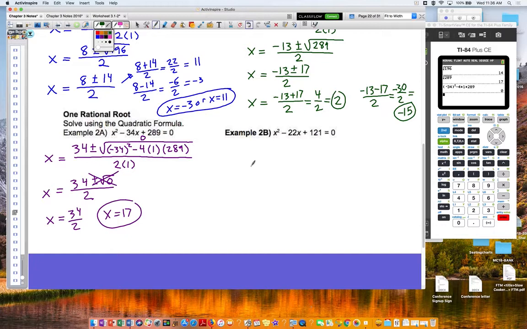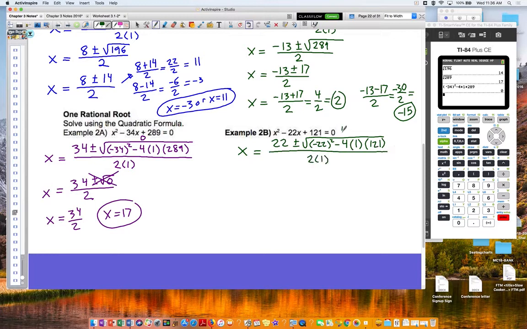All right, so as I'm doing this one, I get x equals positive 22 plus or minus the square root of negative 22 squared minus 4 times 1 times 121 all over 2 times 1.